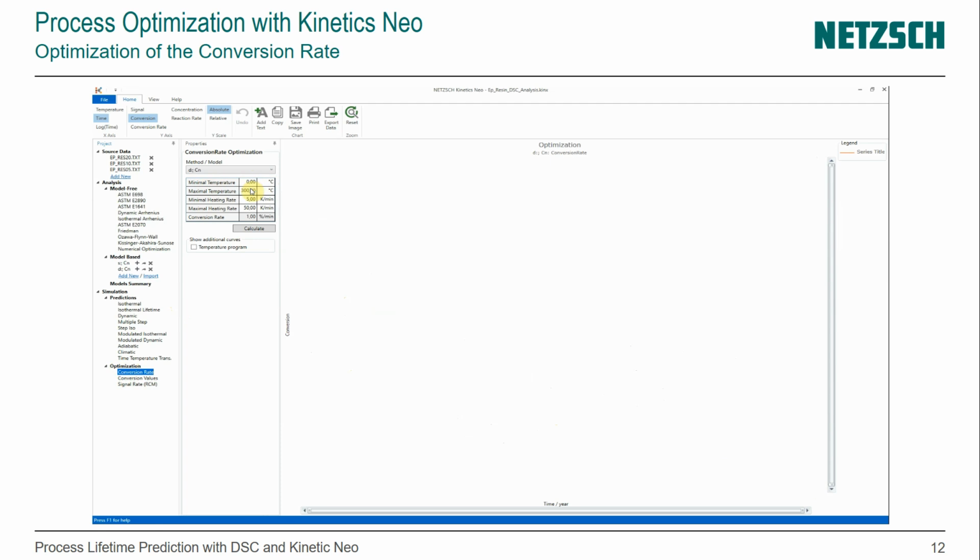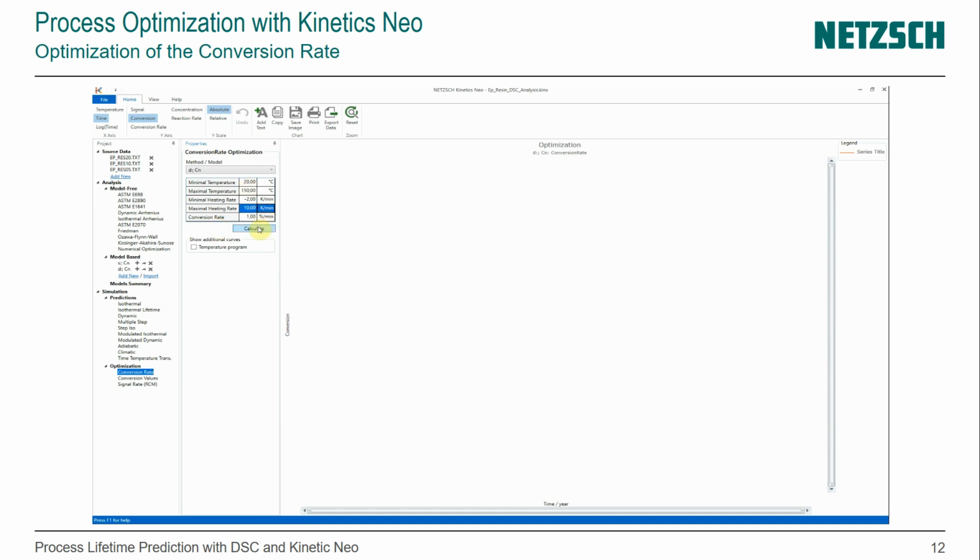For example, our real process furnace has a minimum temperature of 20 degrees and a maximum temperature of 150 degrees. The minimum heat rate of our furnace is -2 Kelvin per minute and the maximum heat rate is 10 Kelvin per minute. And what we want is a linear conversion rate of 1%.